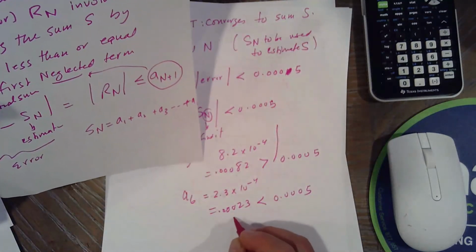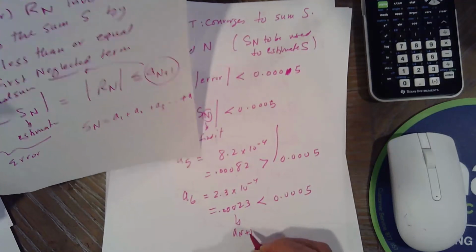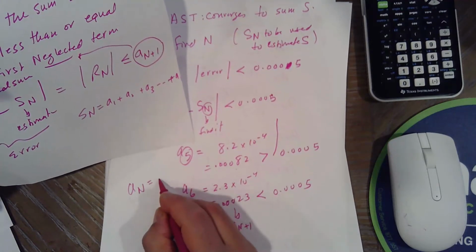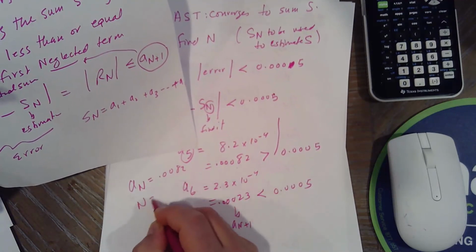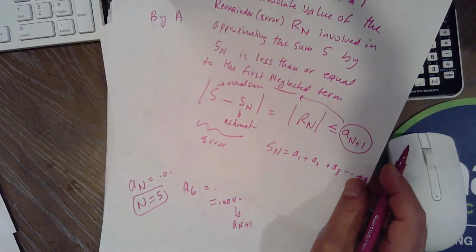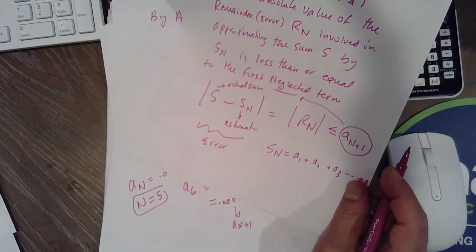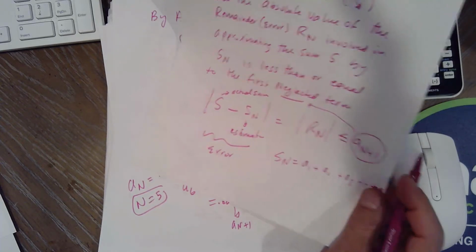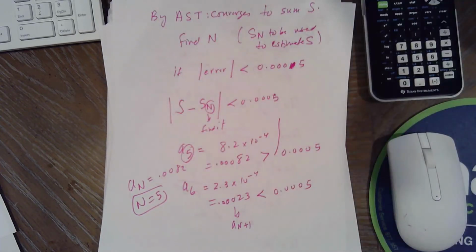So this must be an plus 1, right? So an would be a5, which is 0.00082, so n must be 5. So we gotta use the sum of the first 5 terms in order to get the error to be less than 0.0005. Okay.